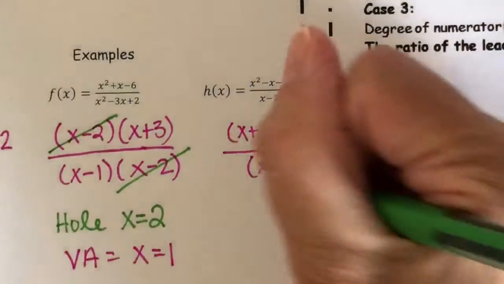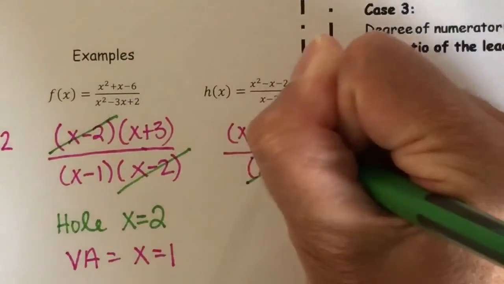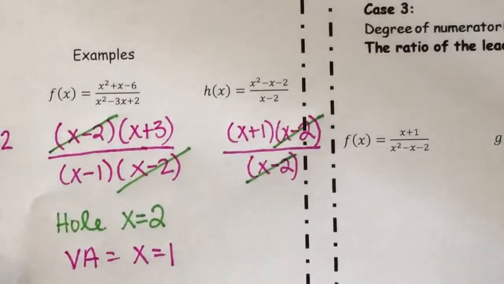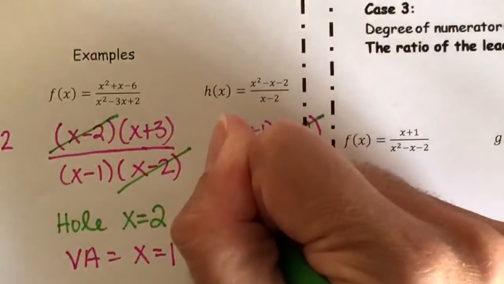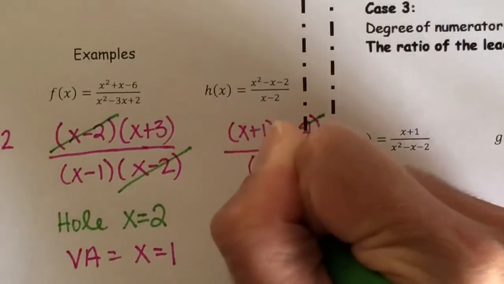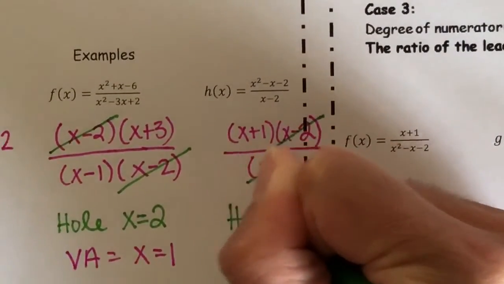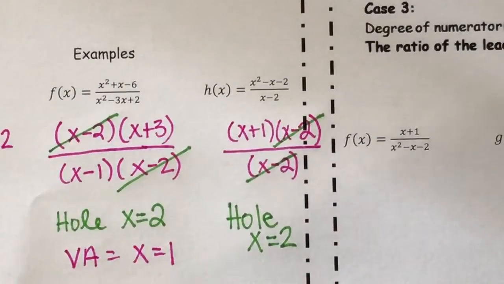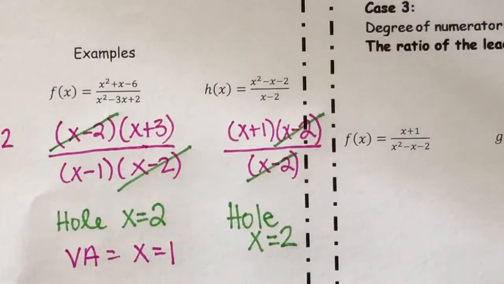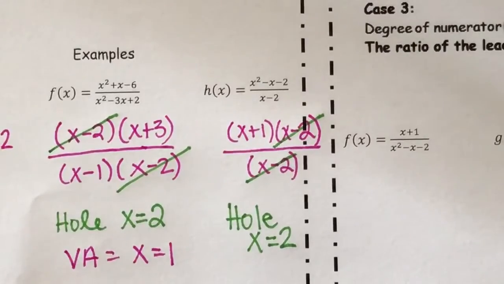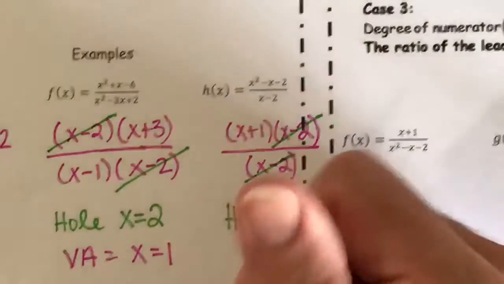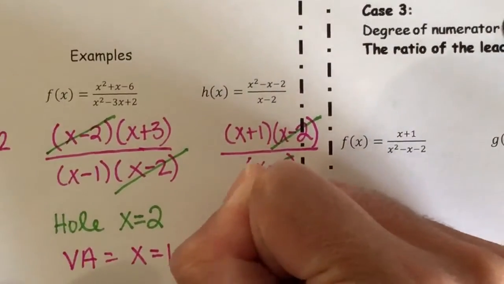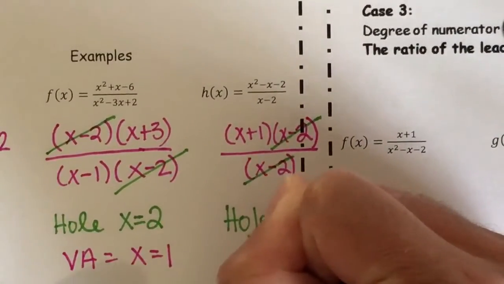Because we have identical factors of x minus 2 in the numerator and the denominator, they cancel each other out, which means, you guessed it, that's my hole. So I have a hole at x is equal to 2. Because that factor canceled out and there's nothing else left in the denominator, this function does not have a vertical asymptote. So there is no vertical asymptote.